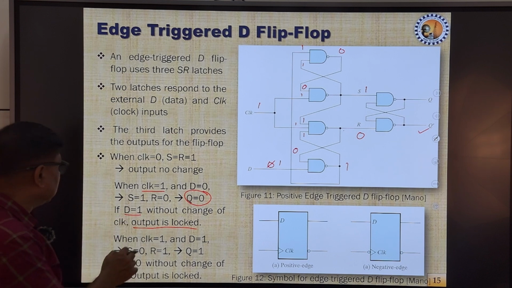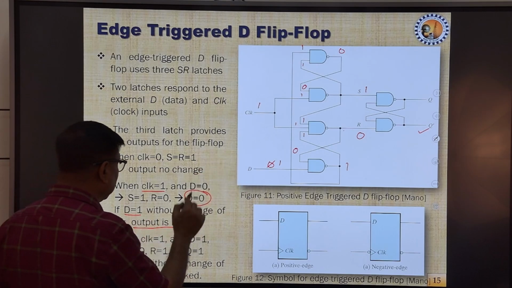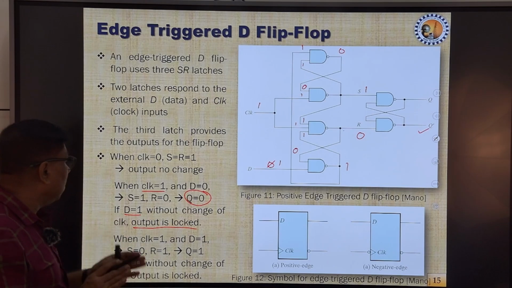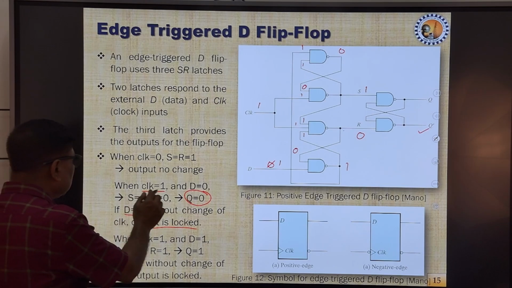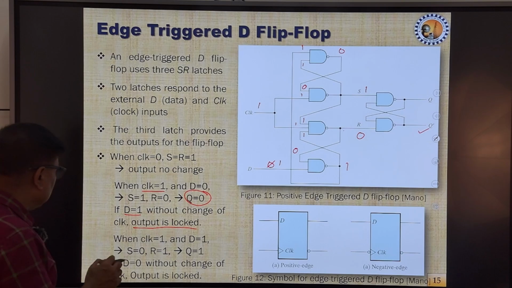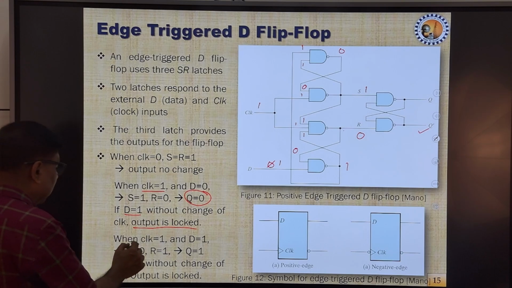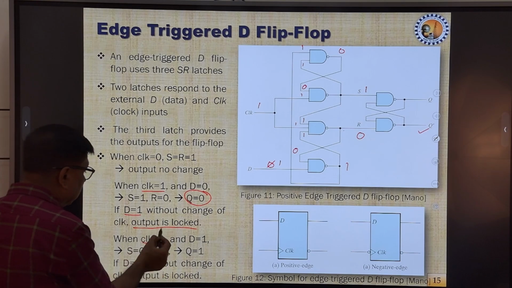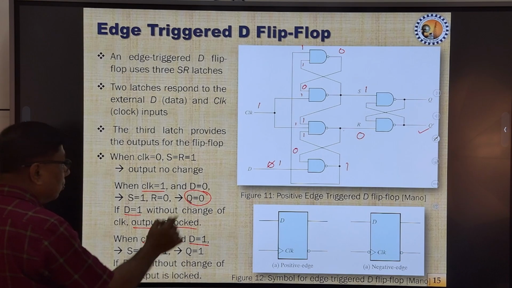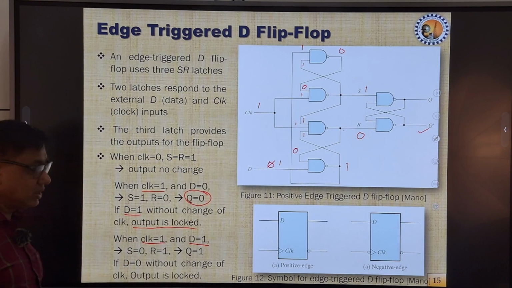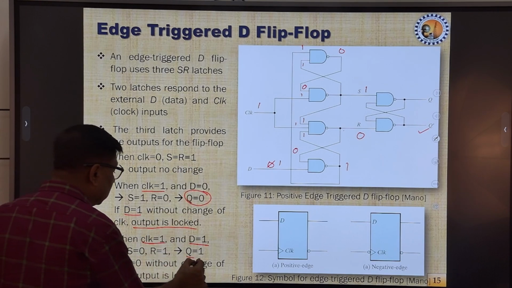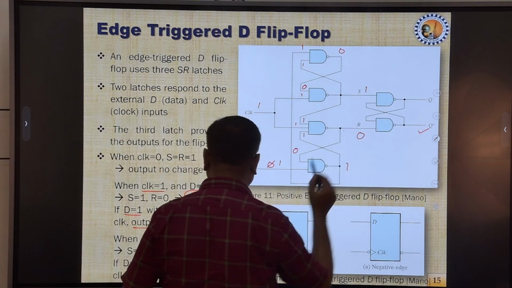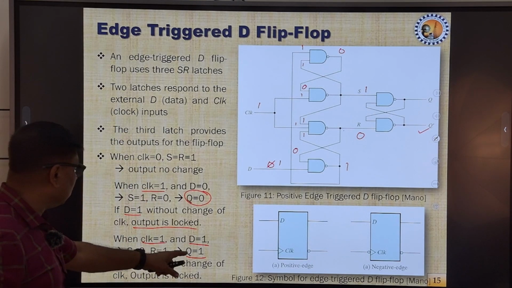So, this is how the flip flop has been locked, or it is made to respond only to the positive edge of the clock. In similar manner, when again after a transition in the clock, when it is made 1 and D is 1, if we perform the same analysis, we will find that the output of the flip flop, that is Q, will become 1.